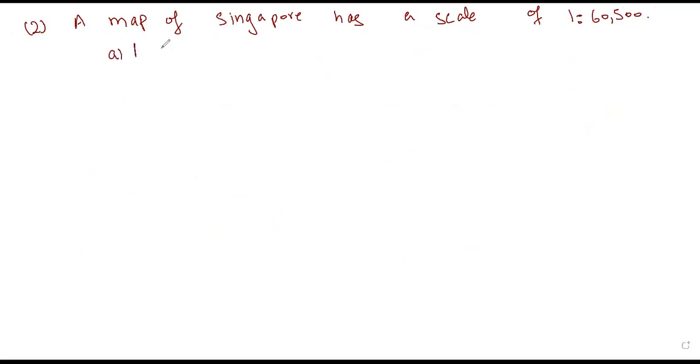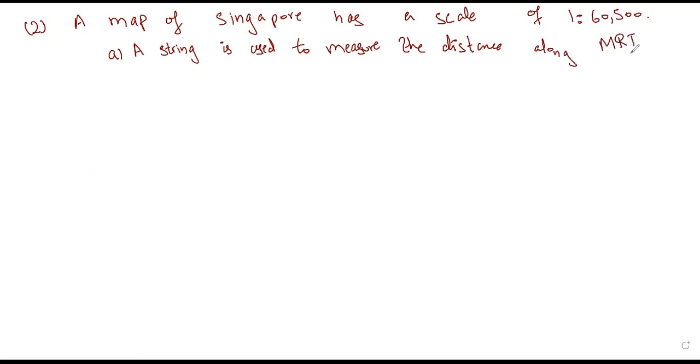Part A. A string is used to measure the distance along MRT line between Bedok station and City Hall station.